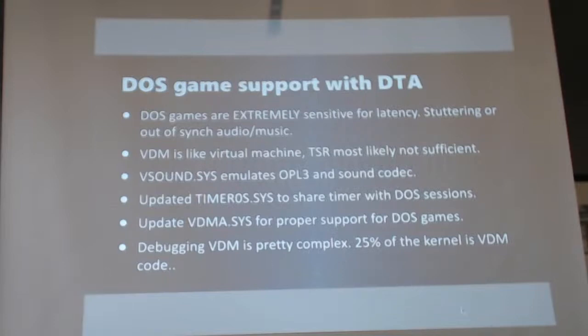So there also possibly needs to be an updated vdma.sys inserted, because again, the problem with a lot of these DOS games is that they're extremely timing sensitive. If it's not able to deliver its audio on time, your game will start running behind. So we're pretty far as a community. We have sources, but somebody needs to sit down and get it to work.